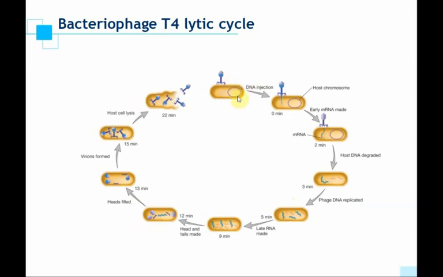It will circularize, and then you'll start to have the expression of early phage genes. One of them in T4 will be a phage DNase, which will degrade the host cell DNA. Another early gene is phage DNA polymerase, which will replicate the phage DNA. Now, does anyone see a problem here?